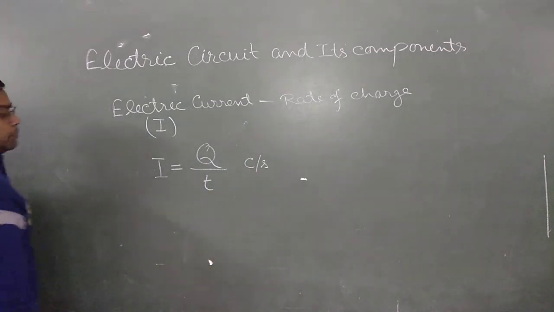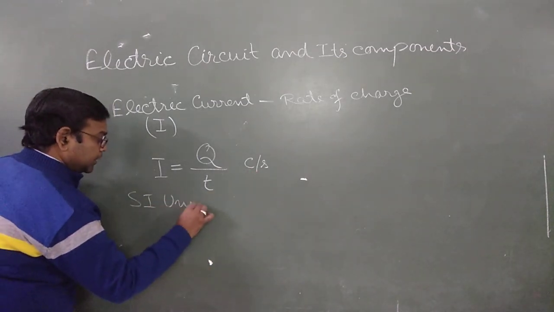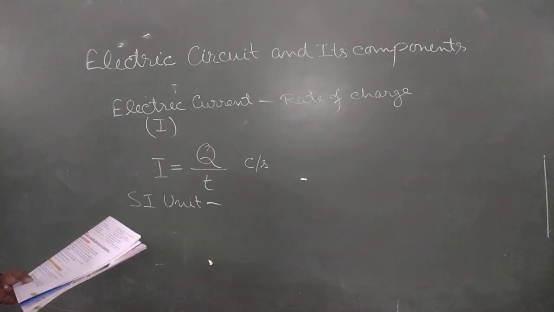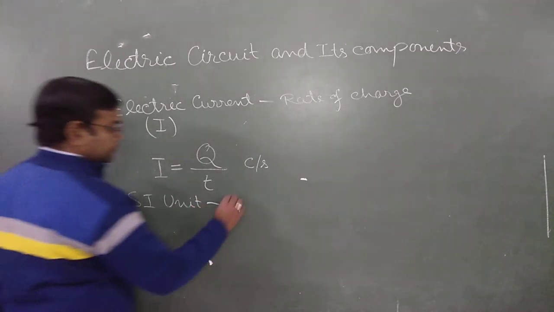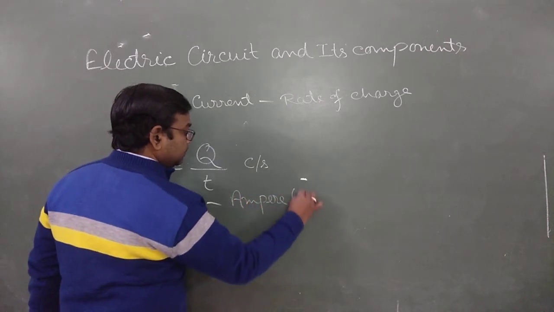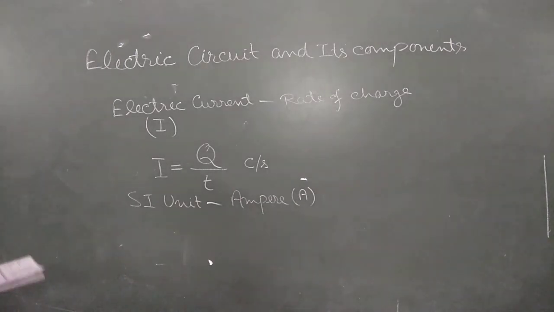But this is not the proper unit. Actually, the SI unit of electric current is ampere. Symbol is capital A. What is the definition of 1 ampere?